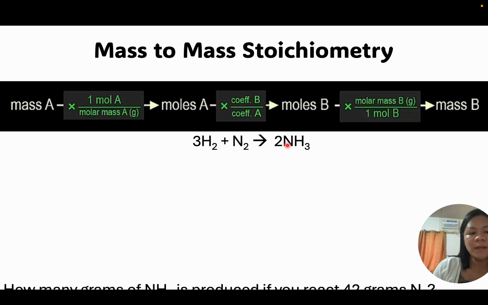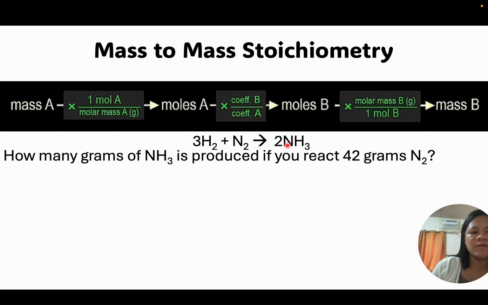Okay, so the problem is, how many grams of NH3 is produced if you react 42 grams of nitrogen? So take note, as what I have said kanina, this part right here will be our mass A. And what we are looking for is the mass, no, of our B. So this will be our B, the NH3.